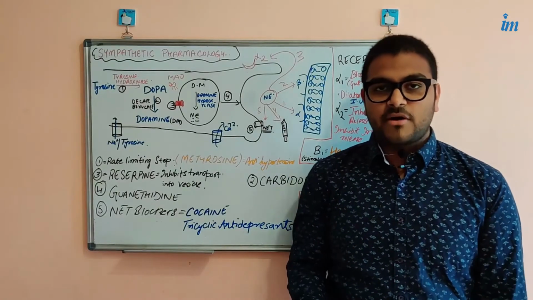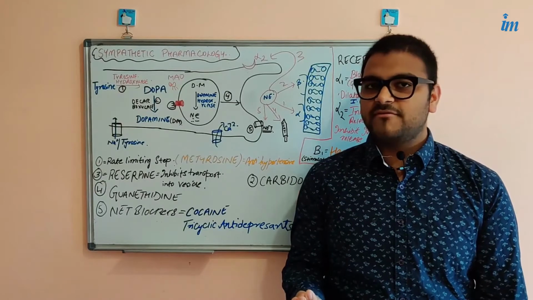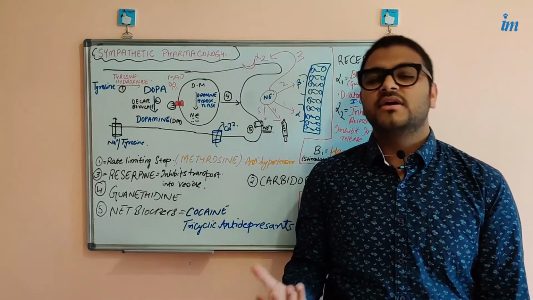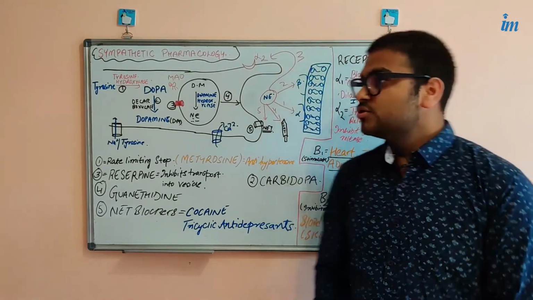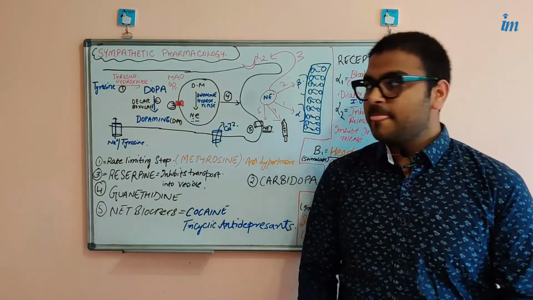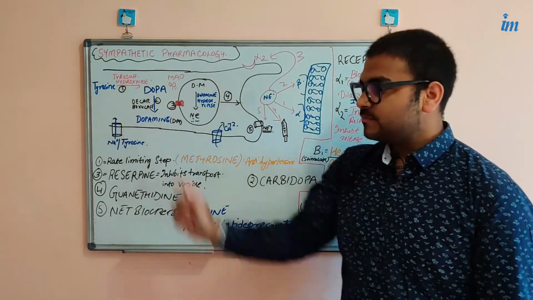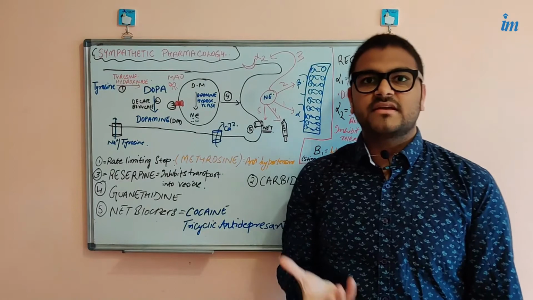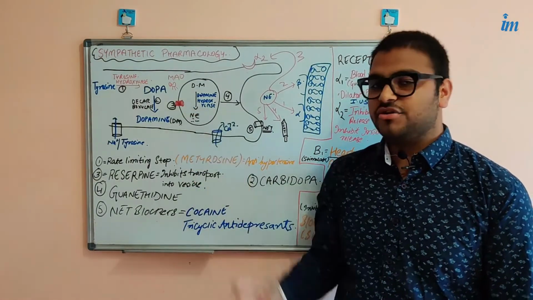We'll study the receptors and how norepinephrine is made, because norepinephrine is a key neurotransmitter in the sympathetic nervous system. So let us understand. This is the ending of a neuron, a sympathetic neuron, a postganglionic neuron.